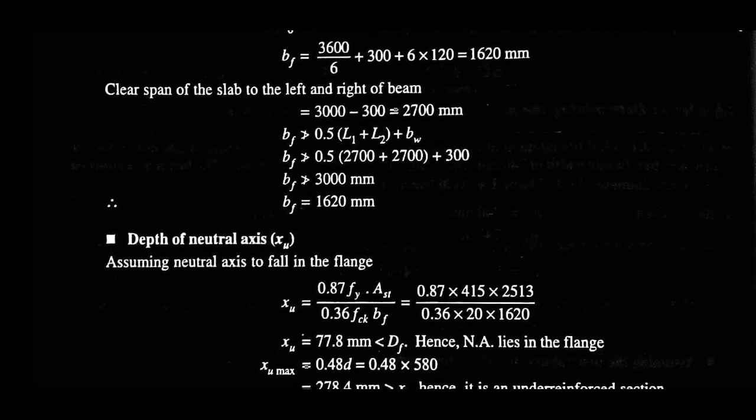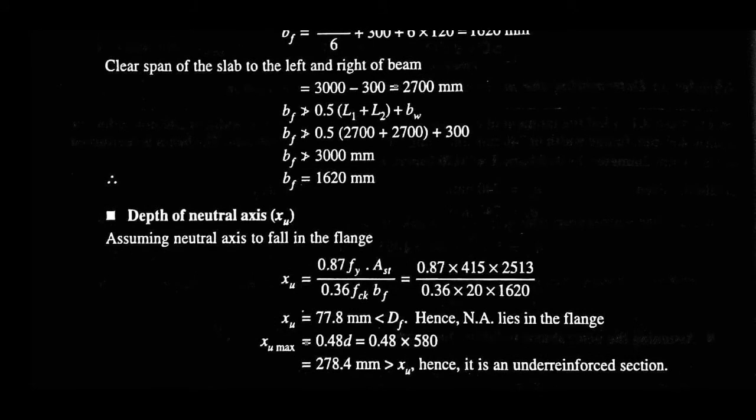Now we have to find out depth of neutral axis. First of all, assuming neutral axis to fall in the flange, after that we have to check whether the neutral axis falls in flange or not. Xu is equals to 0.87 fy into Ast by 0.36 fck into bf, that is equals to 0.87 into 415 into 2513 by 0.36 into 20 into 1620.